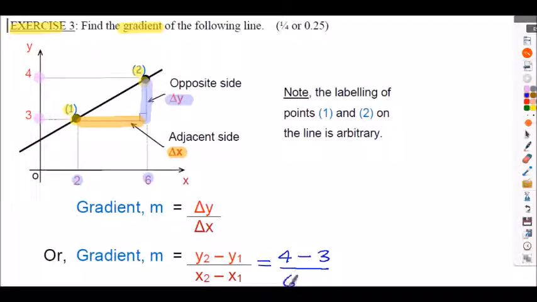And we're subtracting from that the x coordinate for point 1, which is 2. Just evaluate the numerator and denominator. 4 minus 3 is 1, and that's divided by 6 minus 2 is 4. So the gradient is 1/4 or 0.25 in decimal. Just note for your reference, it doesn't matter in which order you label the points 1 and 2.